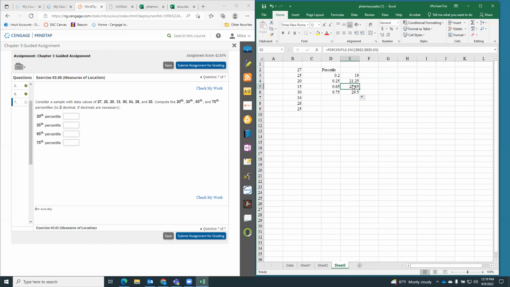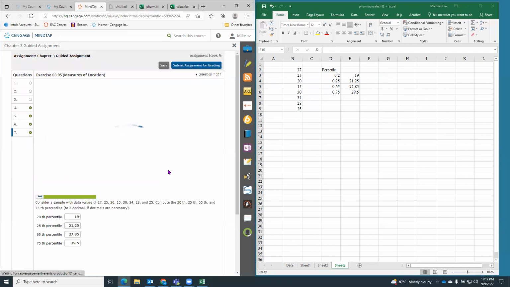This one, B2 to B9 is the array, but D5, and then D6. So there's my percentiles, 19. There we go. Check our work.